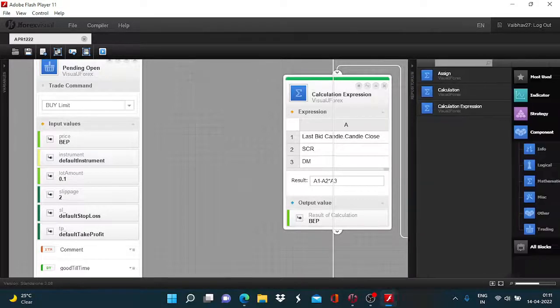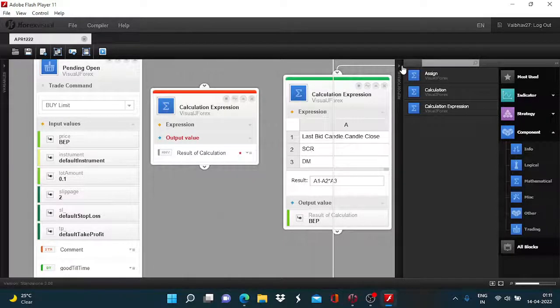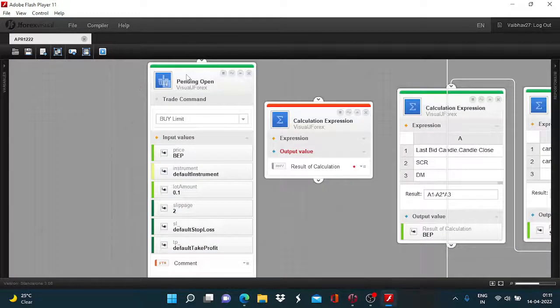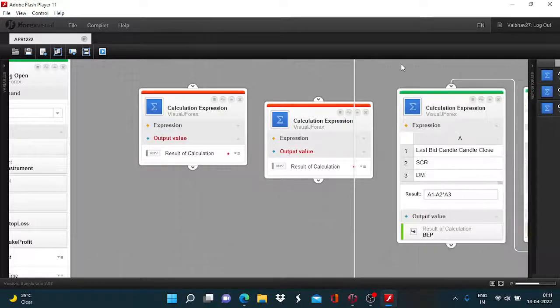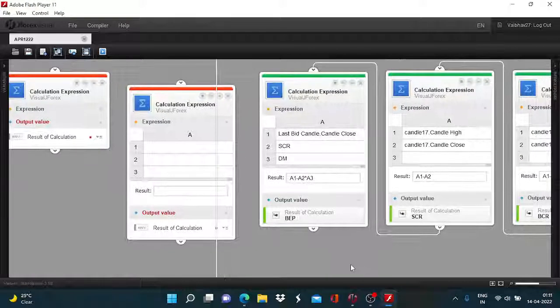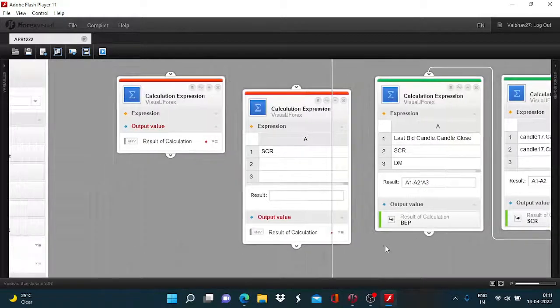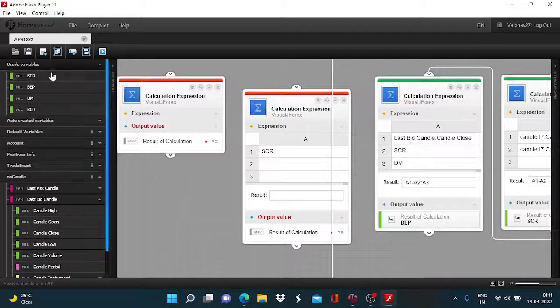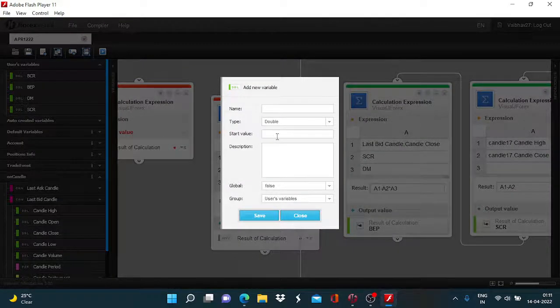So for that, I'm going to add a couple of calculation expression blocks. And we multiply it with 10 raised to the power 4, that is 10,000.